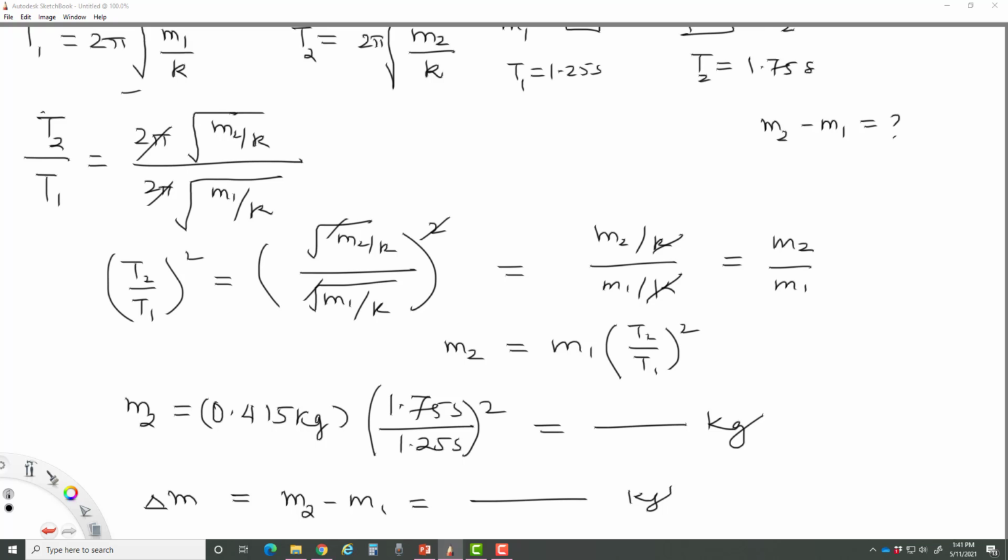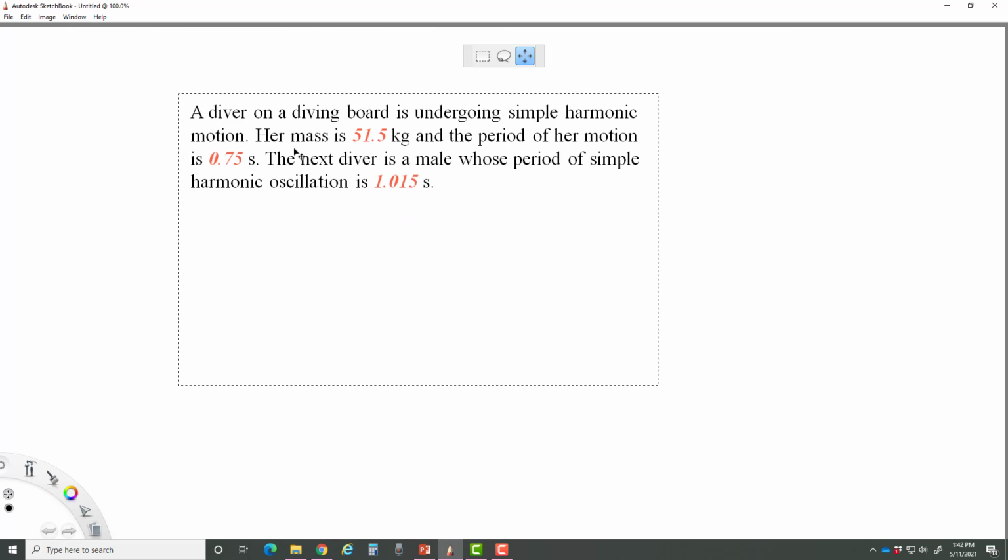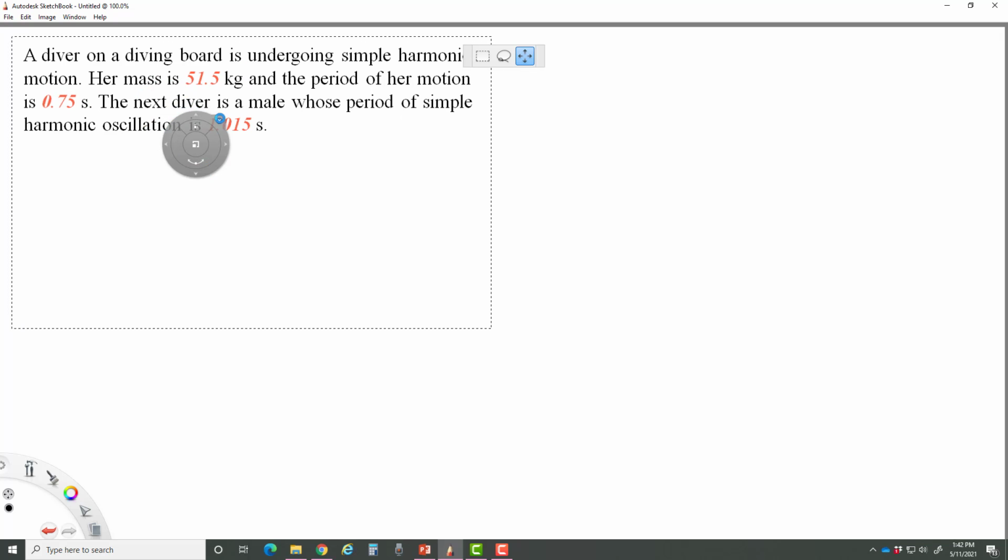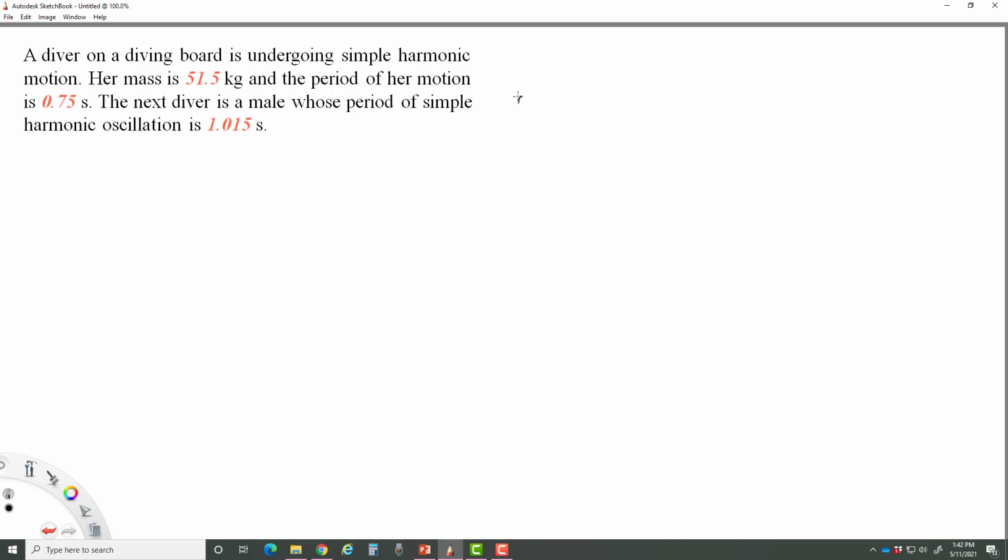Now let's look at another question. A diver on a diving board is undergoing simple harmonic motion. So that's the diving board.